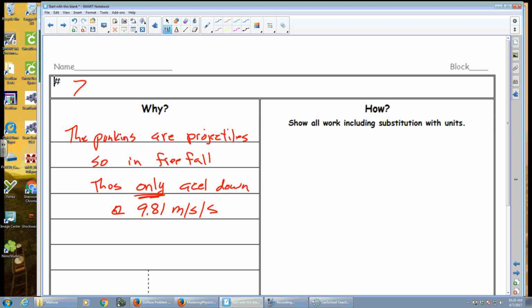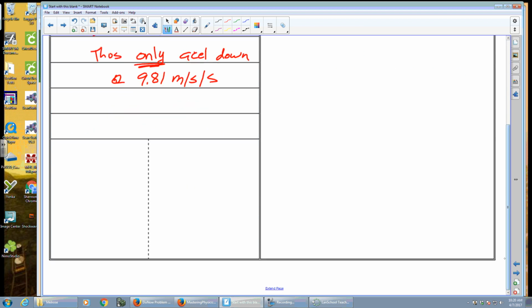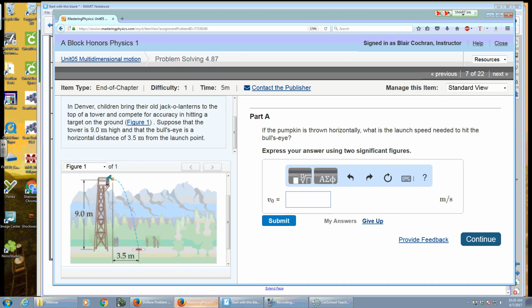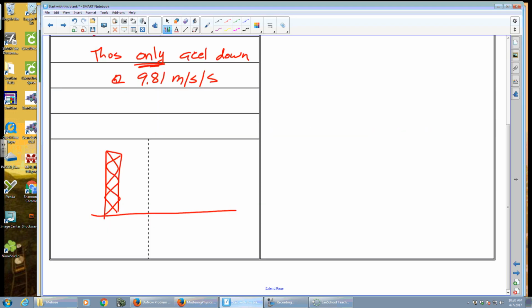Oops, there's another P in there in pumpkins. Personally, I'm going to do a little diagram. I can grab their picture, but I draw. They give me some dimensions on this. Let's see. 9 meters and 3.5.